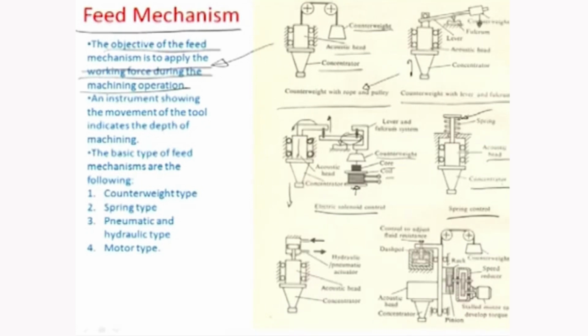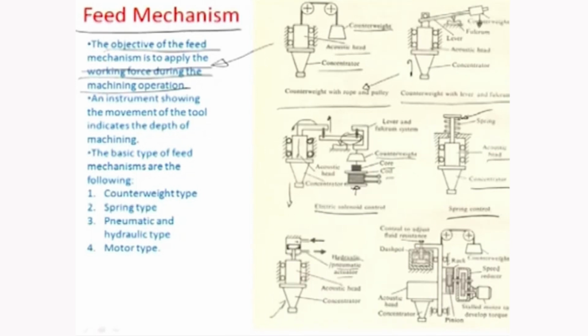You can have a hydraulic or pneumatic arrangement, as is illustrated here. There is a cylinder through which there is a piston which is moving up and down by pushing oil on both these chambers alternately, so that you can have up and down motion, and that way we can actually feed the concentrator close to the work surface.